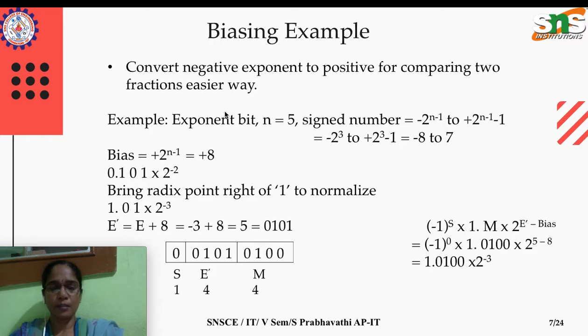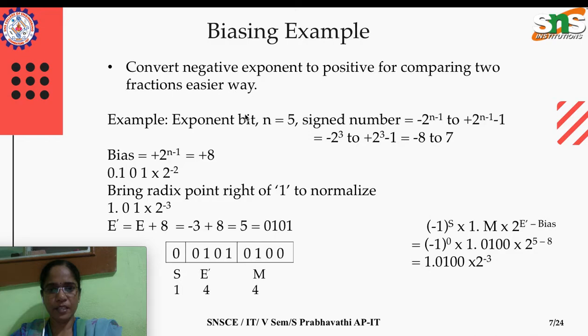Suppose we take an example of an exponent represented in a 5-digit number, so n is equal to 5. It means the number of bits allotted for the exponent is 5. In single precision IEEE representation, the exponent field is 8 bits, so don't get confused here.